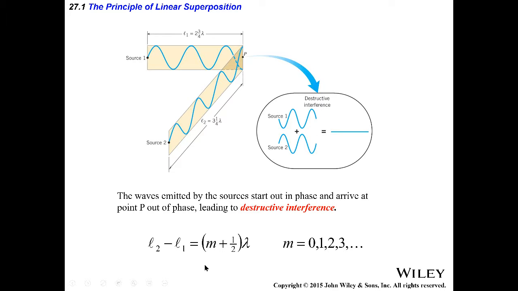Then all I have to ask is, what is the difference in terms of the number of wavelengths? And if it indeed differs by a half integer, like 2.5 or 7.5 or 25,000 and a half wavelengths, then there will be destructive interference. It is still in sync. It is because it is in sync that it becomes silence.